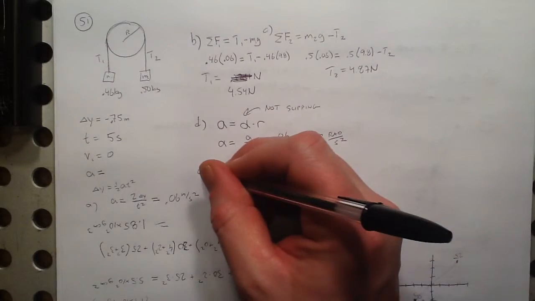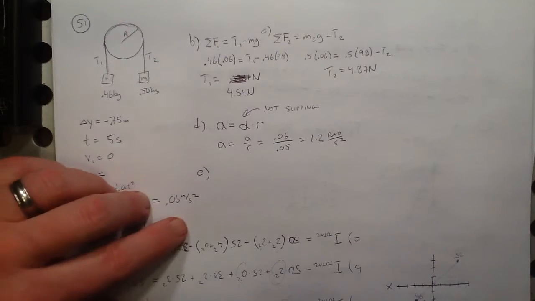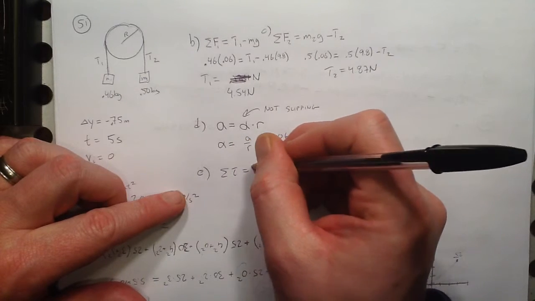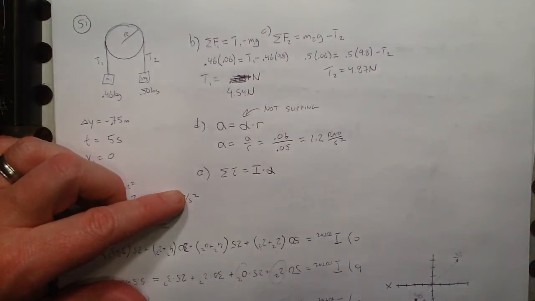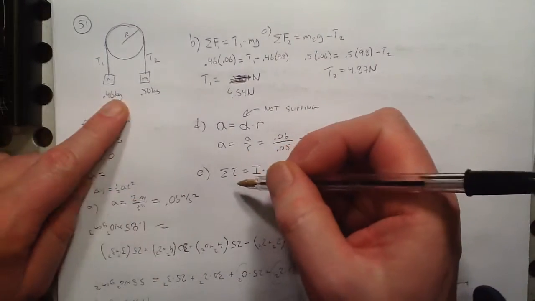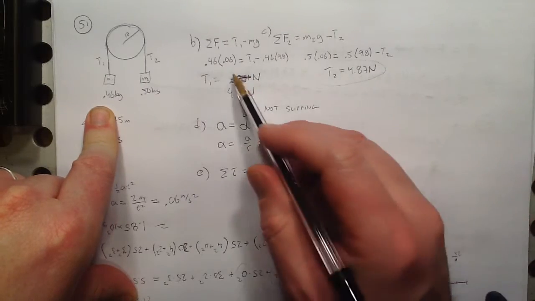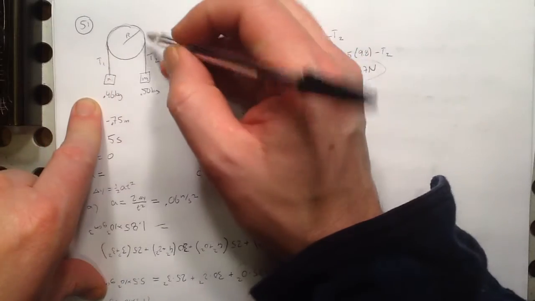And then last part, now that we know all that, what's the rotational inertia of the pulley? Well, I know that net torque is equal to I times alpha, right? Now there's two torques on this pulley. There's the torque from tension 2 and a torque from tension 1. They're both trying to make the pulley turn, and they're both down, right?